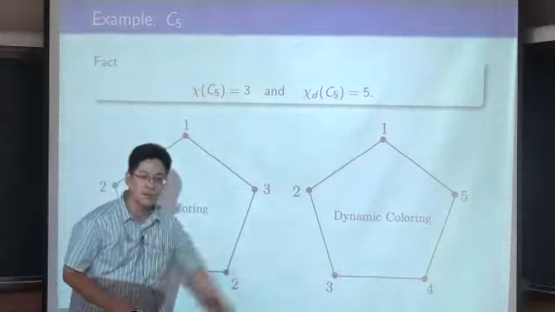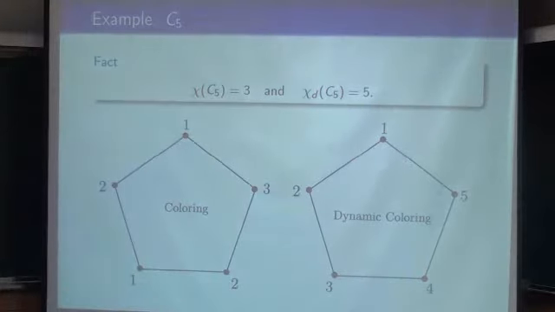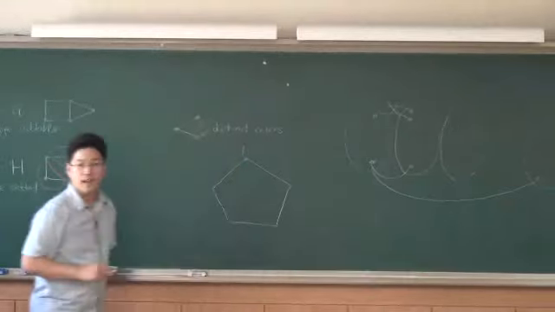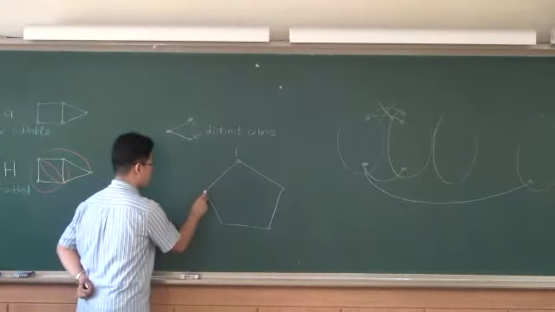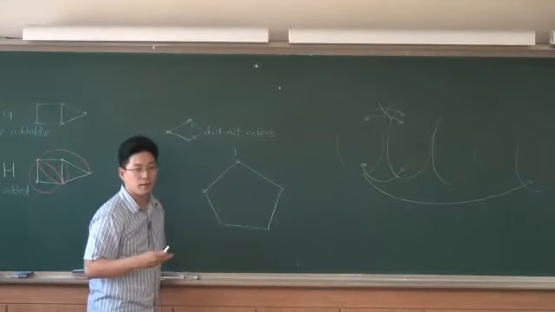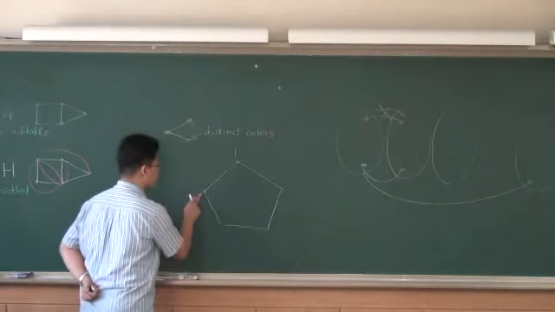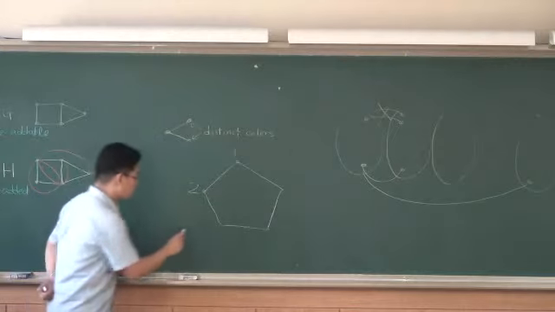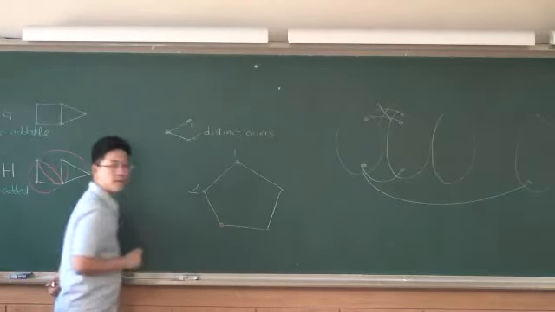But let's think about dynamic coloring of C5. For the first vertex, we can give color 1. For the second one, to satisfy the proper coloring, this color should be different from this, so this should be 2. And what about the color of the third vertex?